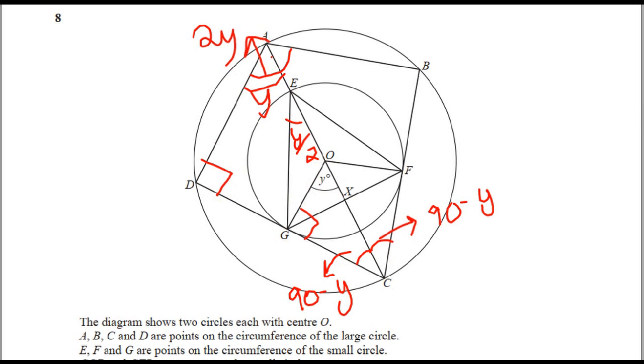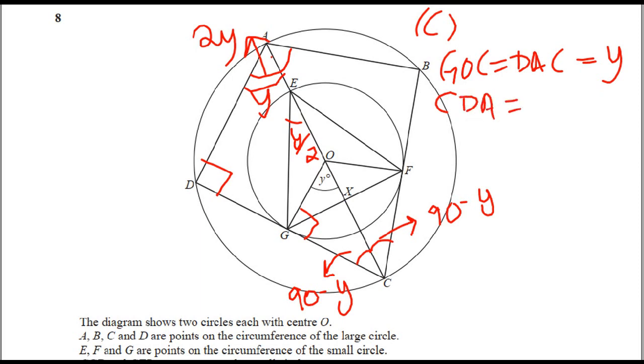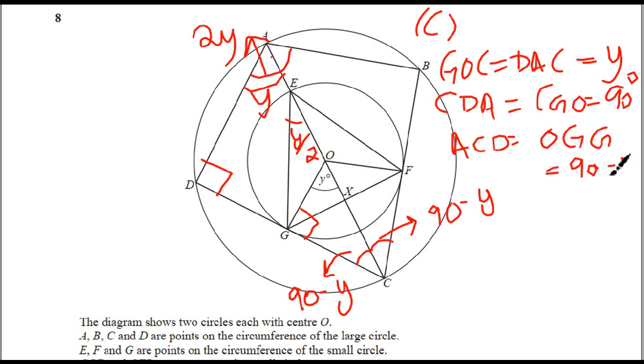So you'll write angle GOC, we're doing part C, angle GOC is equal to angle DAC is equal to Y, and angle CDA is equal to angle CGO is equal to 90 degrees, and angle ACD is equal to angle OCG is equal to 90 minus Y. So you'll write, hence, since all three angles are equal, these triangles are similar.